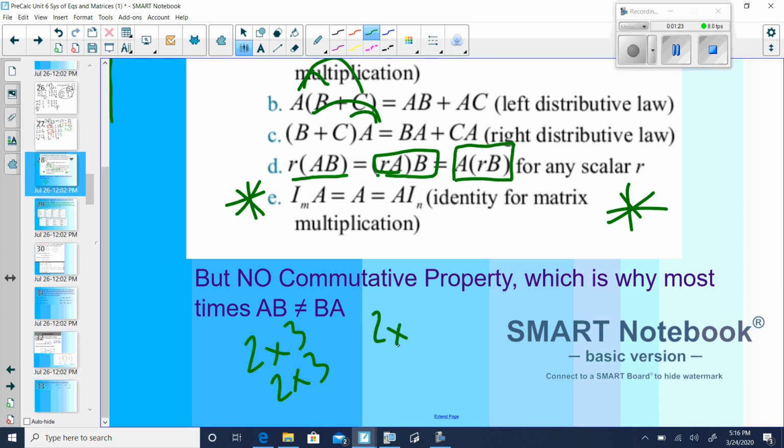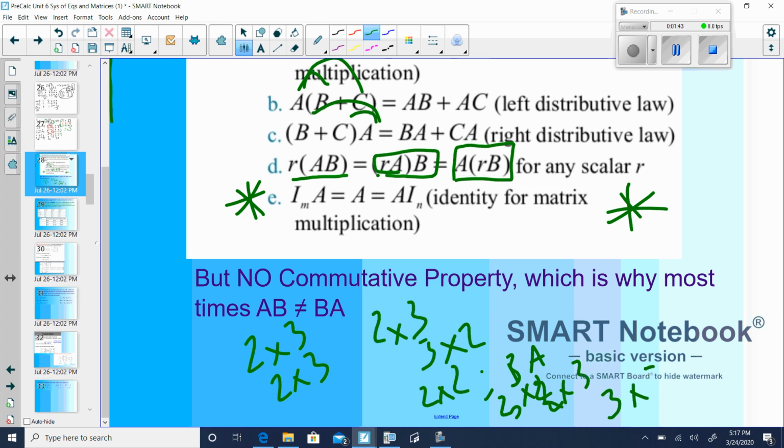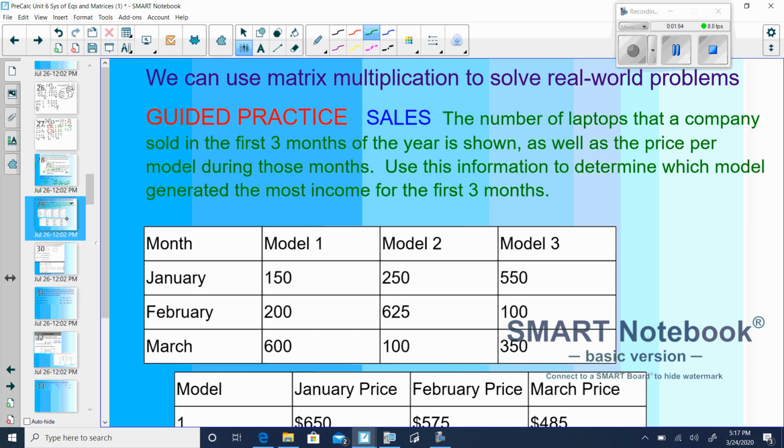And in problem number 2, A was 2 by 3, B was a 3 by 2, so A times B resulted in a 2 by 2 matrix, but B times A, 3 by 2 times 2 by 3, resulted in a 3 by 3 matrix. So 3 by 3 and a 2 by 2, those are not the same size. So no commutative property.